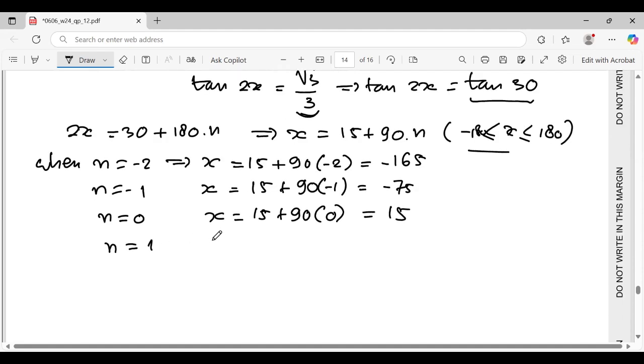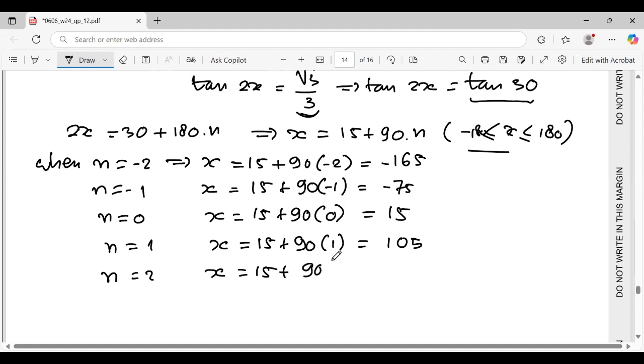n equals 1. 15 plus 90 times 1 is 105. Okay. n equals 2. 15 plus 90 times 2, 180 plus 15, 195, greater than 180, so this one is out.